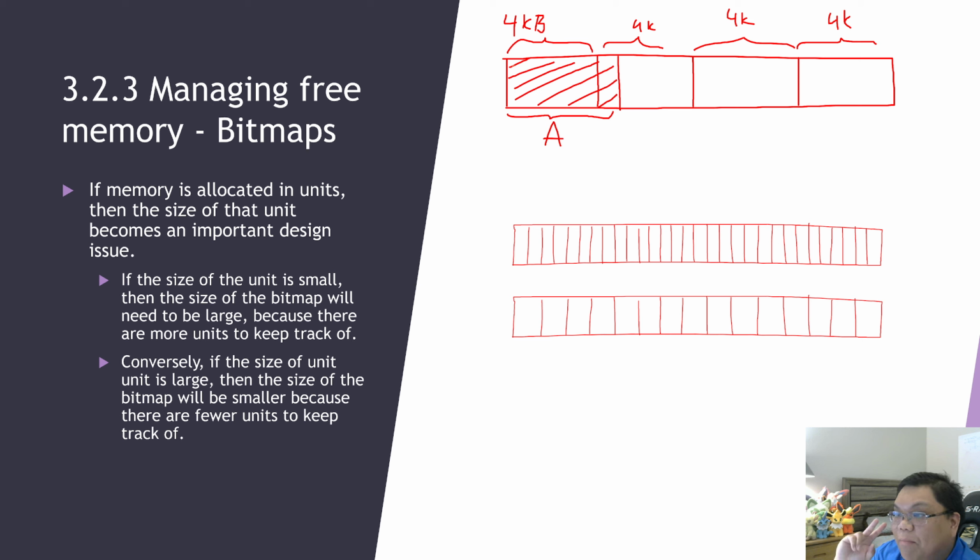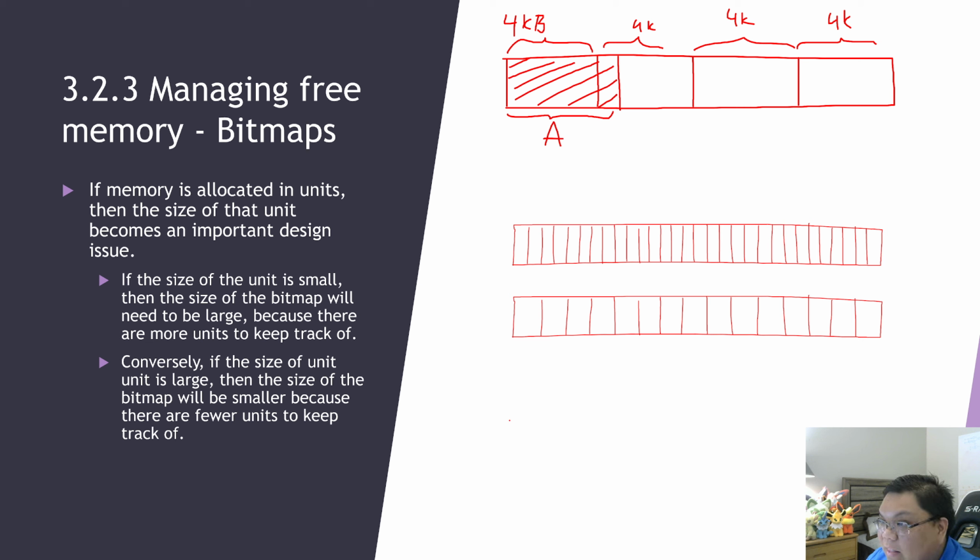Even though we assigned it 8 kilobytes of memory, it only really needs 5 kilobytes of memory. That means one block is going to be completely full, and the next block is going to be partially empty. 75% of it is going to be empty. And that is wasted space. That wasted space is called internal fragmentation.